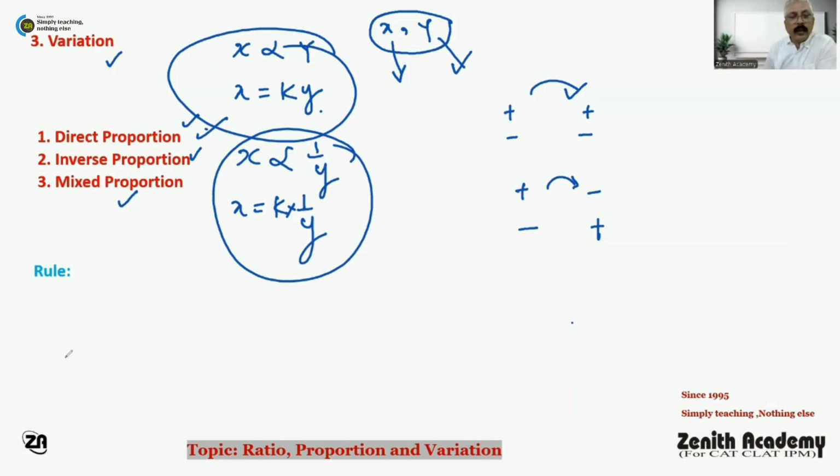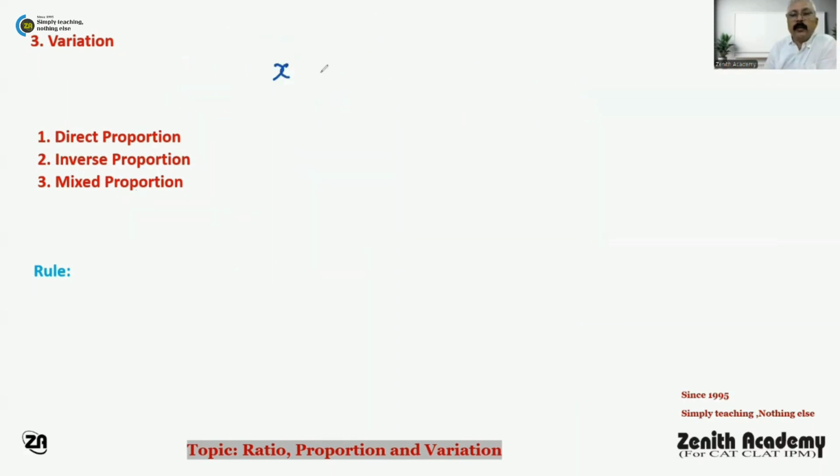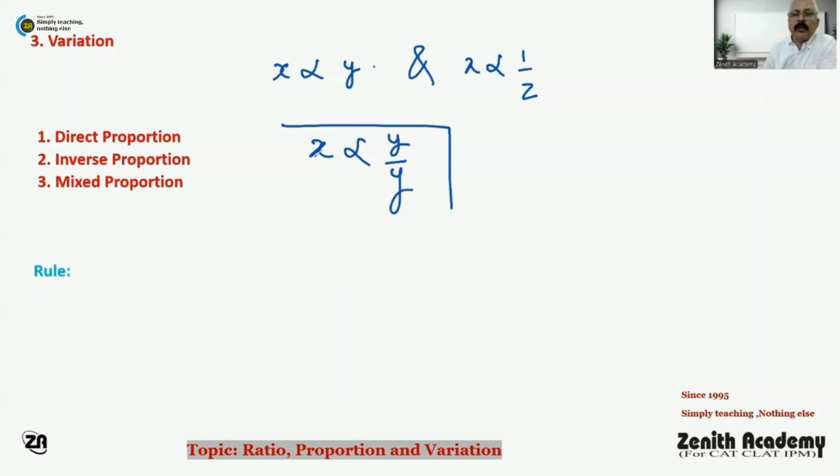So if x is directly proportional to y and x is inversely proportional to z, then you can write x is directly proportional to y upon z. We call it mixed proportions.